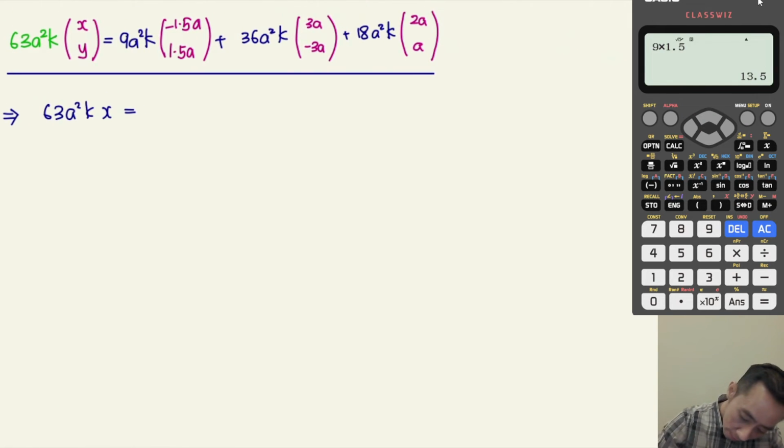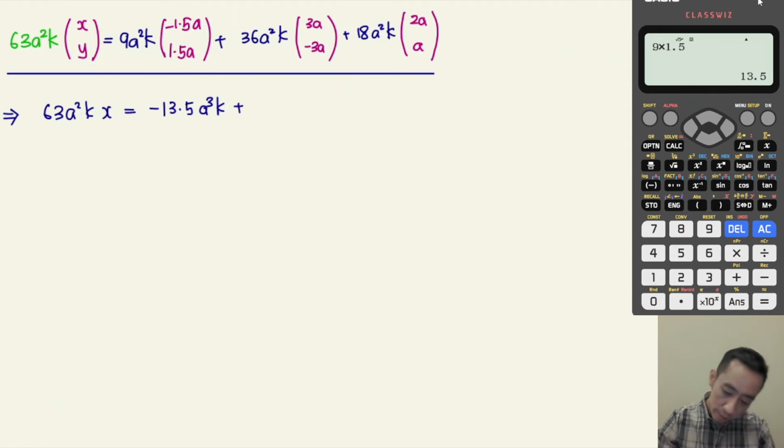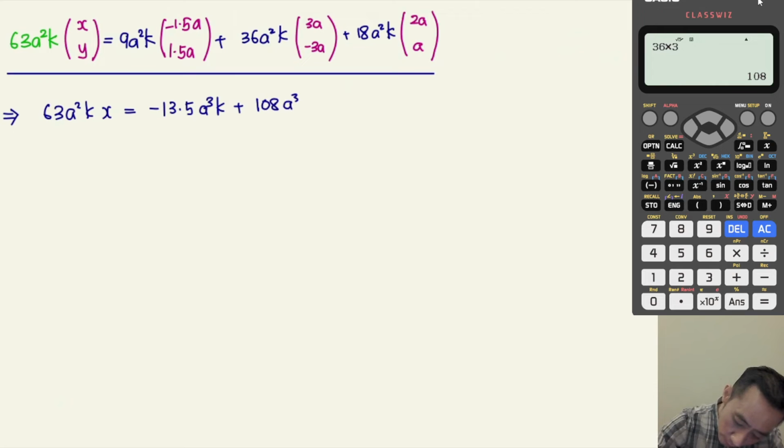So it's negative 13.5a power 3k, plus 36 times 3, 108. So it's 108a power 3k, plus 18 times 2, 36a power 3k.